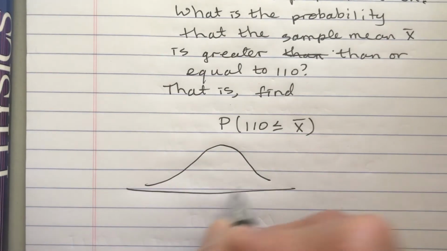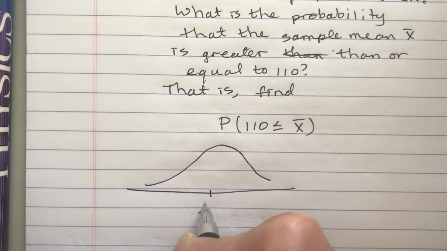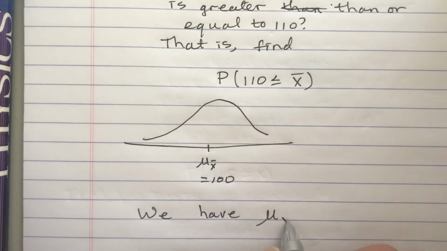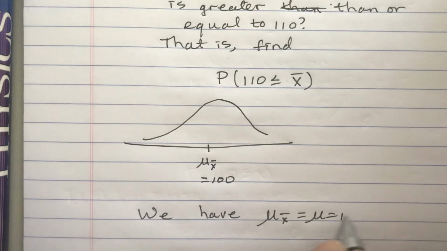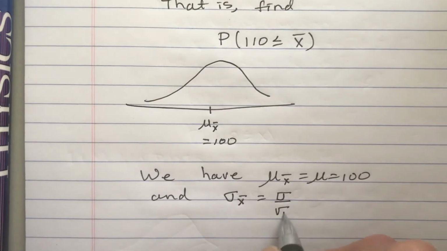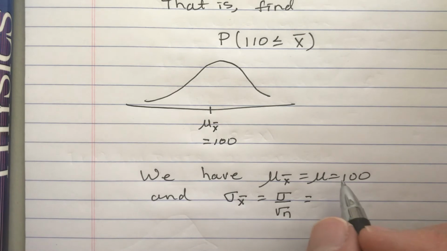So now x bar has the same mean as the population. Mu x bar is equal to mu, which is equal to 100. And the standard error, sigma x bar, is equal to the standard deviation of the population divided by the square root of n. That's important for us to look at.